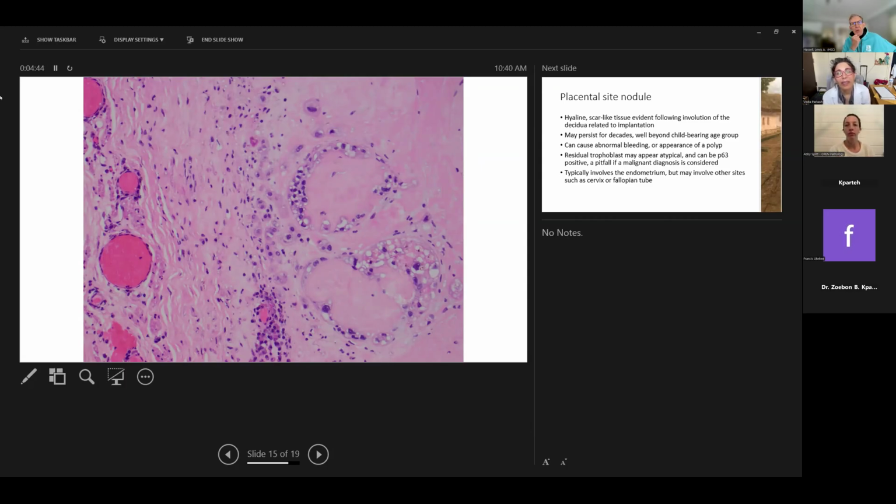I remember very well the first time I reported this in a postmenopausal woman, the clinician called me back and said, well, this lady is postmenopausal. I don't think she's had a recent pregnancy.